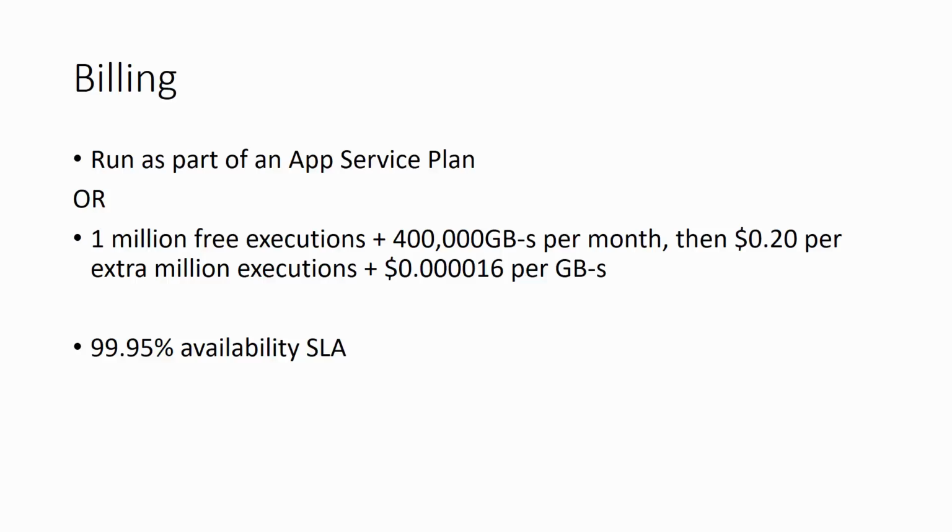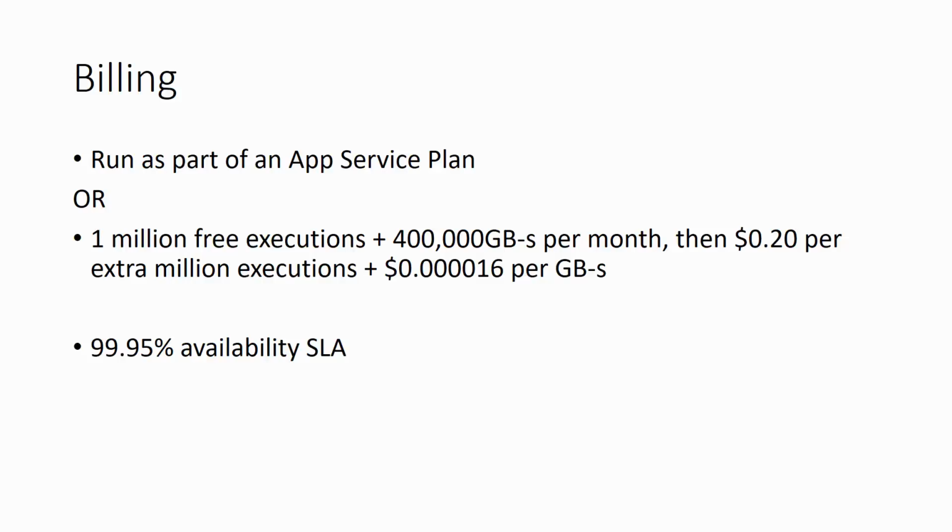So speaking of efficient, there's always money to be spent somewhere. You can actually choose with Azure Functions to run this in one of 2 ways. You can run it as part of an app service plan, in which case it goes with the scaling up and down of that, or you can actually just go for individual executions with some resource usage.